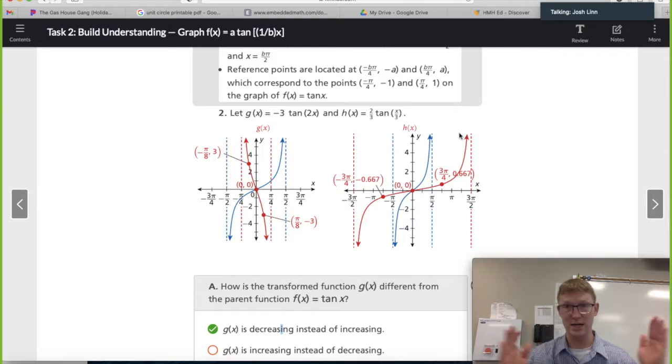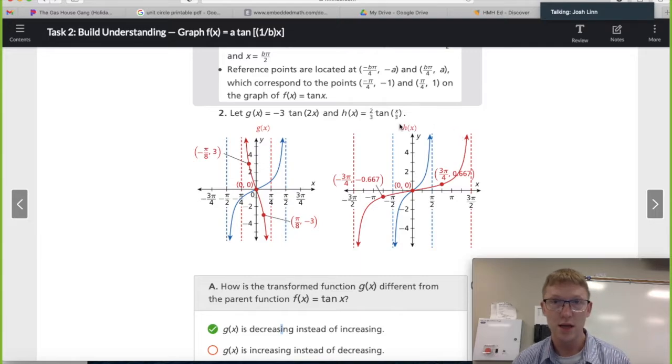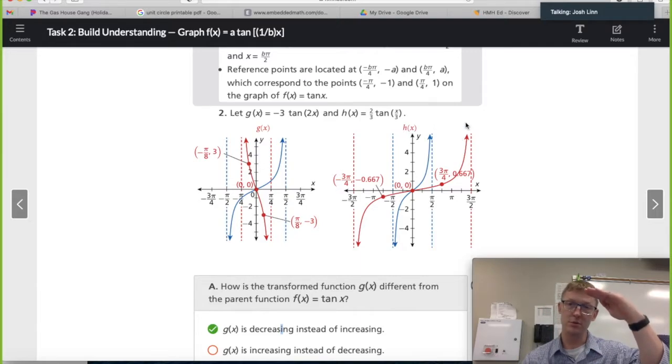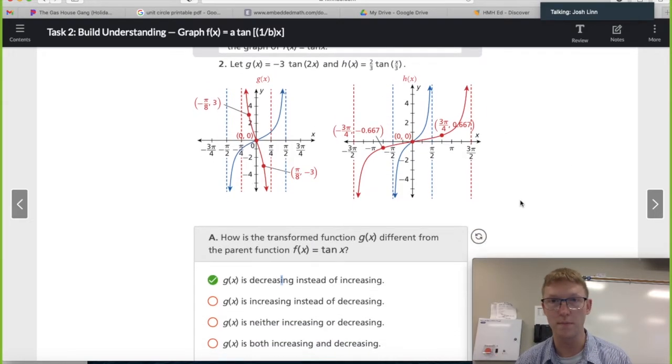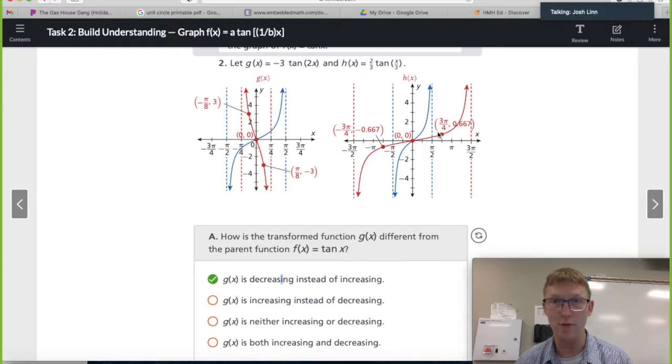So it's a 3 times horizontal stretch. And then it's a vertical compression because our a is 2/3, so it's less than 1. Which is why our reference points start up here at 1 and actually get closer to the x-axis a little bit because of that 2/3.